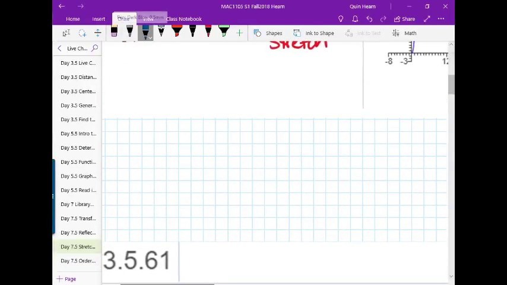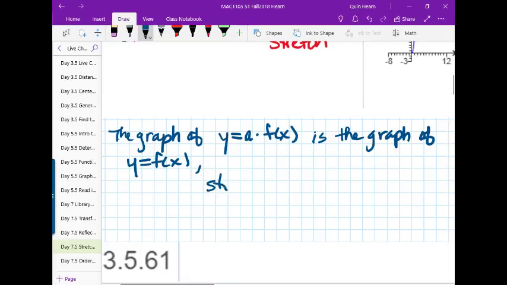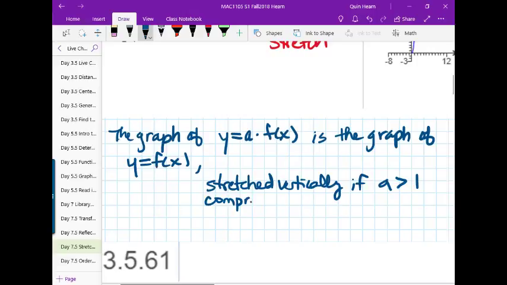So let's write that down. Okay, so the graph of y equals a times f of x is the graph of y equals f of x, and then it's going to be stretched vertically if a is greater than 1, and it's going to be compressed vertically if a is between 0 and 1.